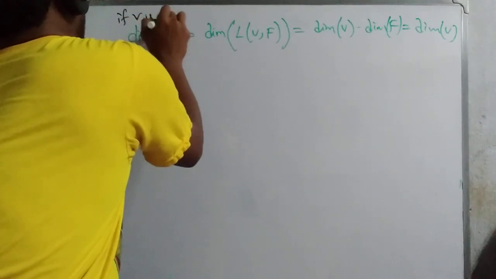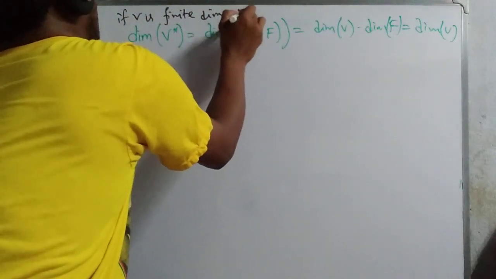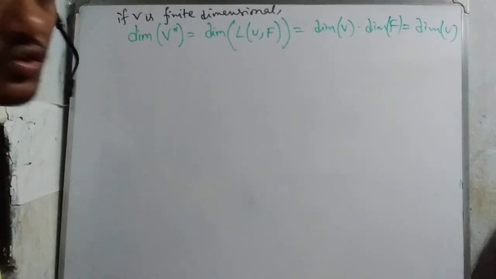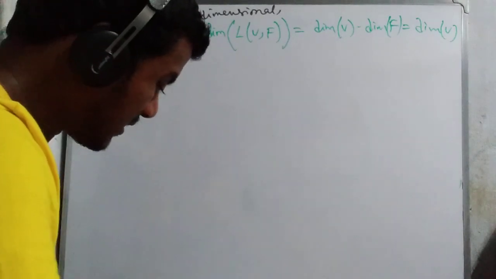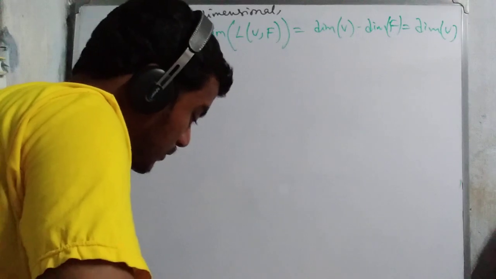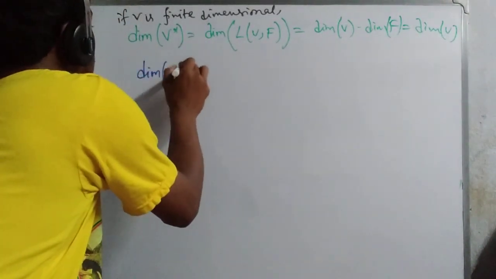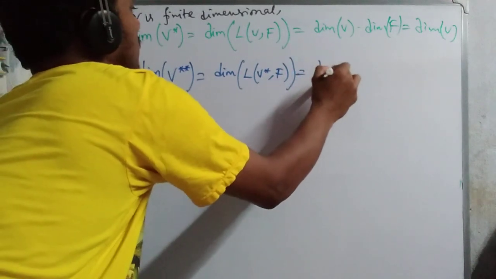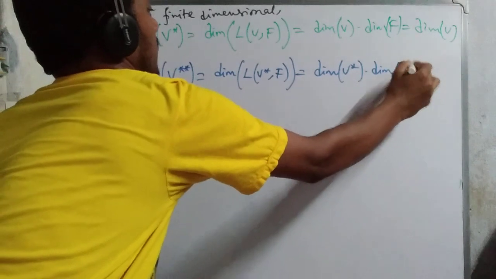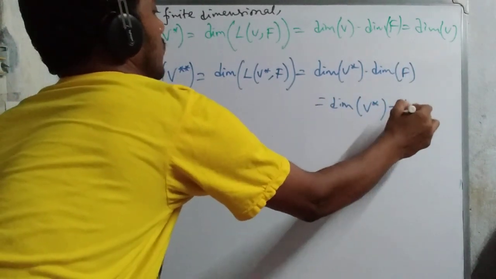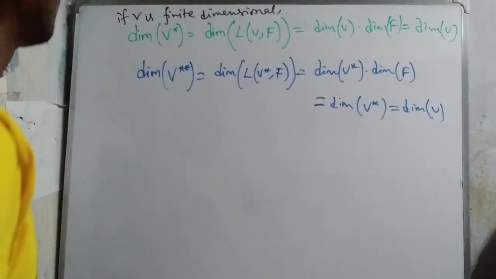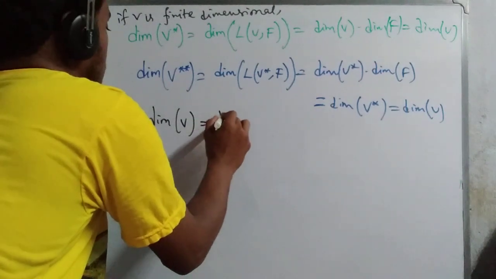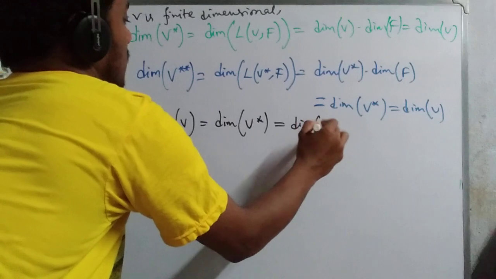If V is finite dimensional, then this happens. We showed that the dimension of V double star equals the dimension of L(V star, F), which is the dimension of V star times the dimension of F, equal to the dimension of V. So dimension of V equals dimension of V star equals dimension of V double star.